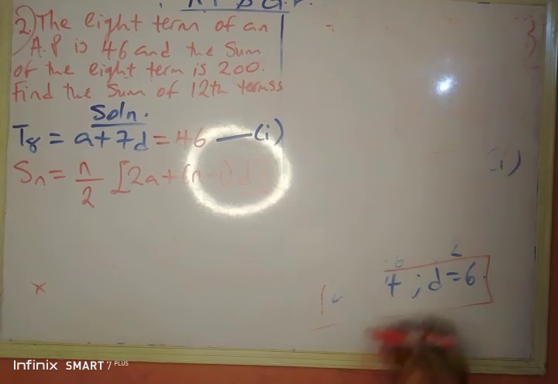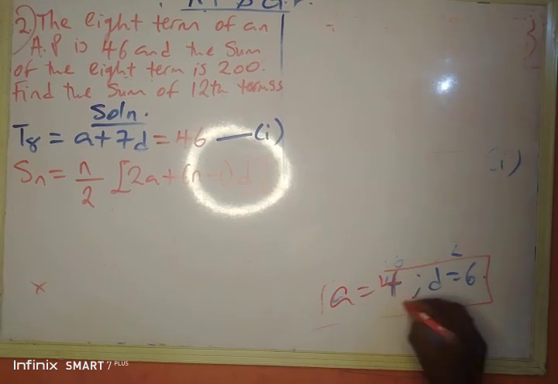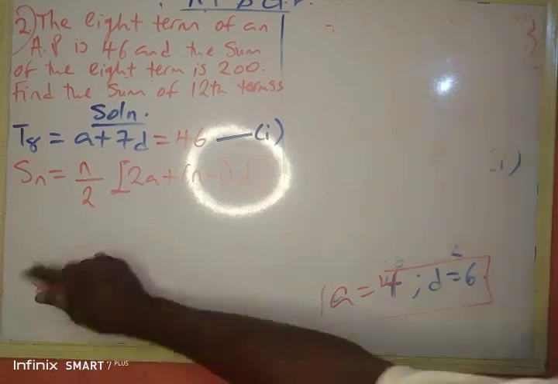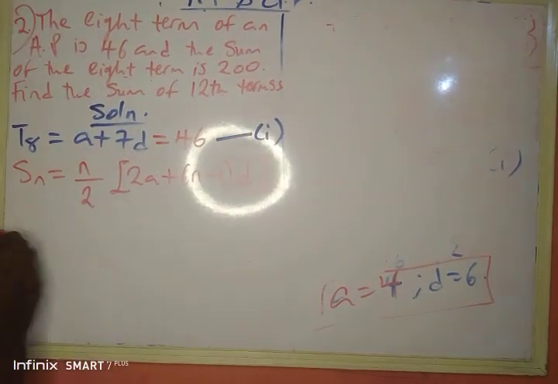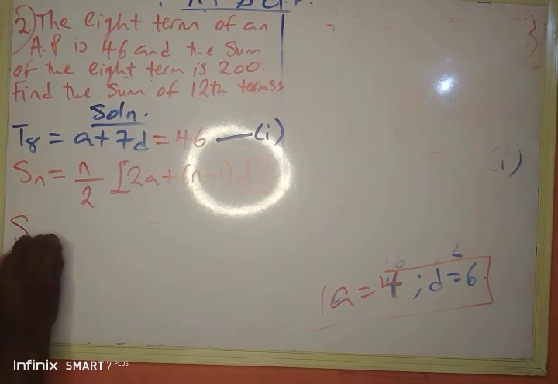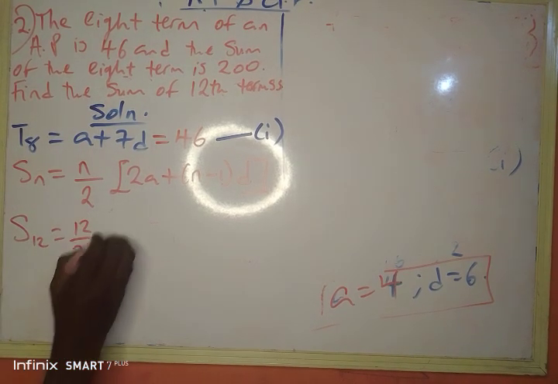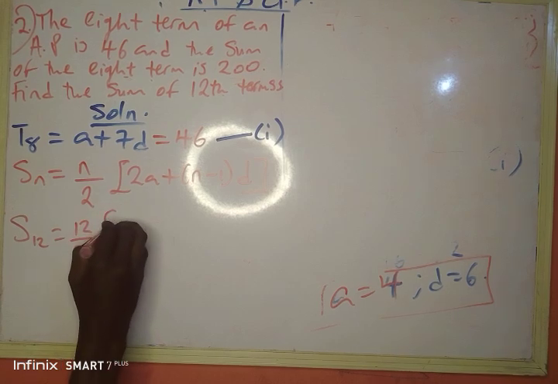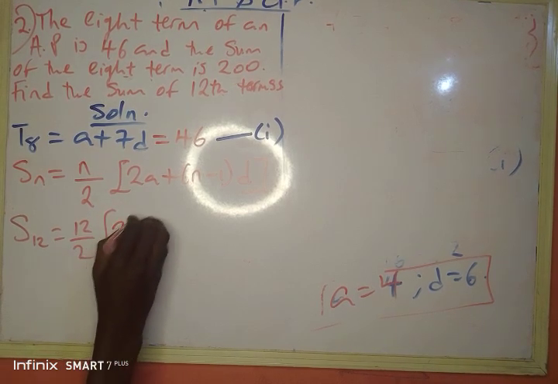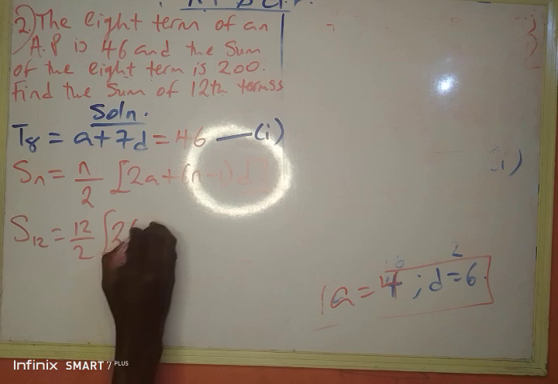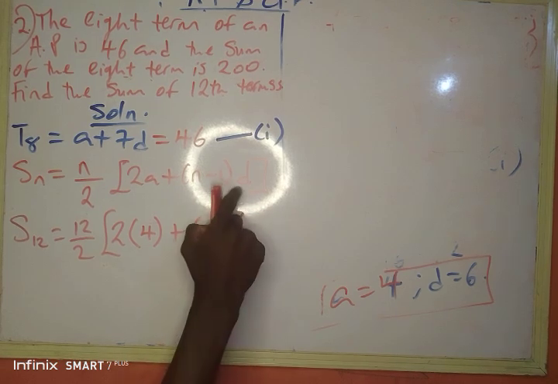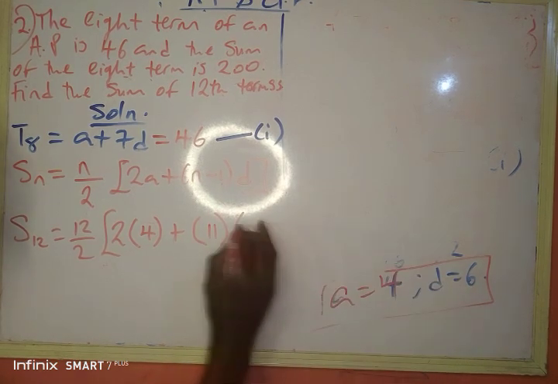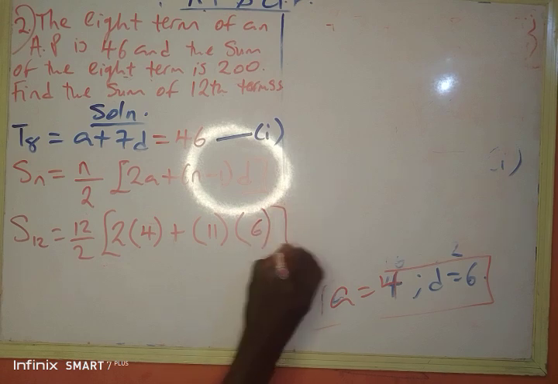Remember, a equals 4, then d equals 6. So S12 equals 12 over 2 into brackets, 2 times a, a is 4, plus (n minus 1), that's 12 minus 1, that's 11, multiplied by d. What's our d? d is 6. Then from here we are good to go.